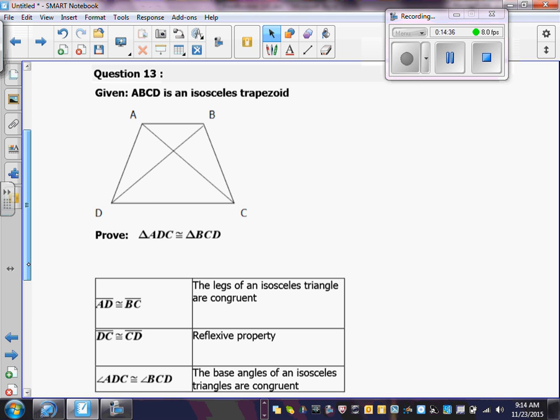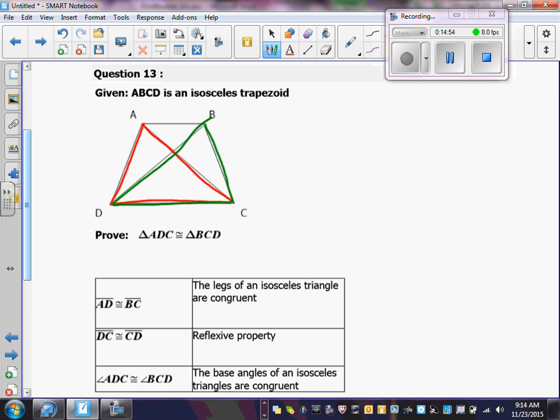This is an isosceles trapezoid. It says prove that ADC is congruent to BCD. So you can clearly see that they both have a common side here that they both share, but let's see what they gave us.